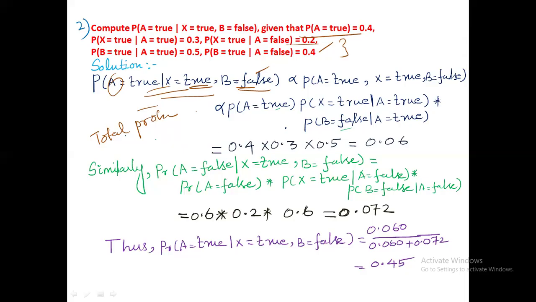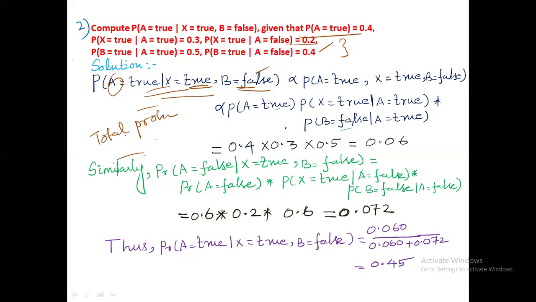Then by applying the law of total probability, we find the overall probability of X is equal to true and B is equal to false across both cases. Finally, using Bayes theorem, we calculate the desired conditional probability by dividing the relevant joint probability by this total probability.